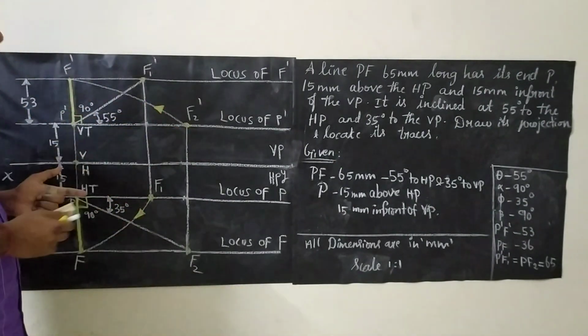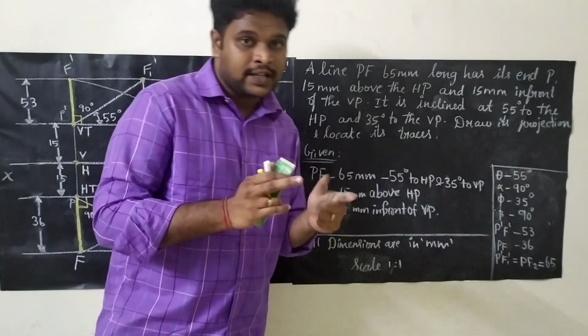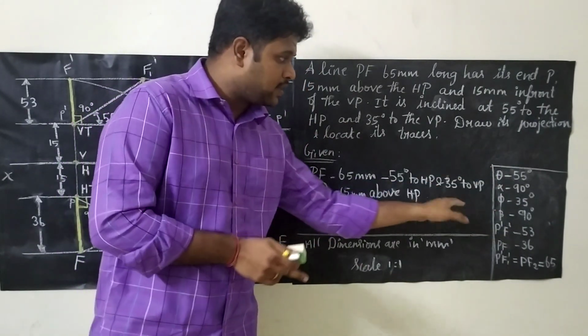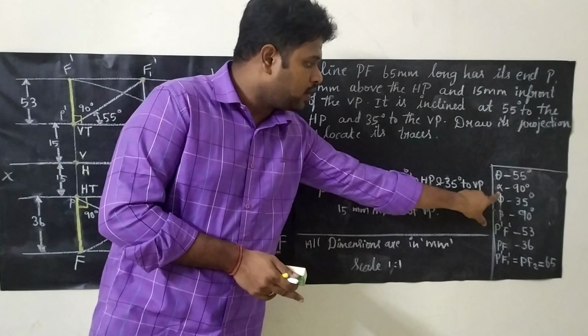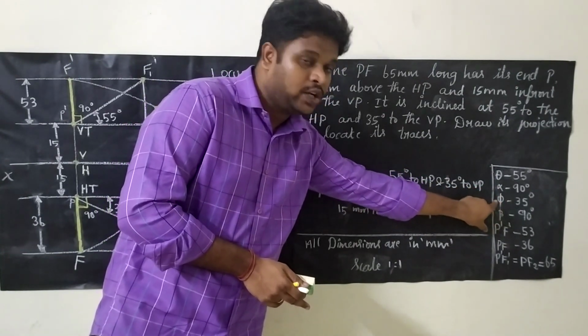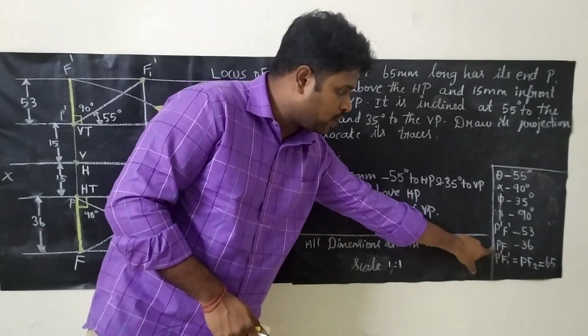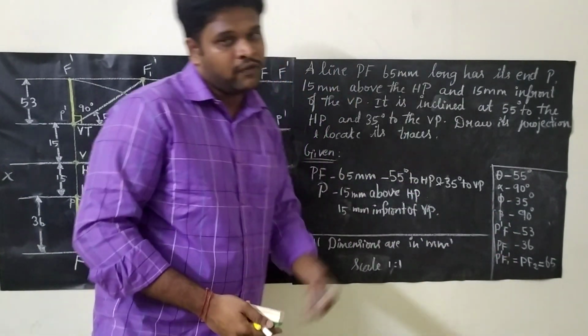After completing everything, just try to put a box like this and write all the answers, whatever you are getting, just write as it is: theta for true length angle, alpha is front view angle, beta is top view angle, and phi is the true length angle for top view, and P dash F dash is your front view and PF is your top view, and this is true length which is given in the question.